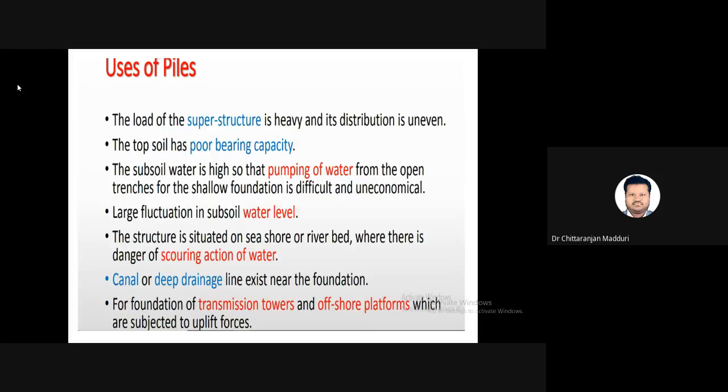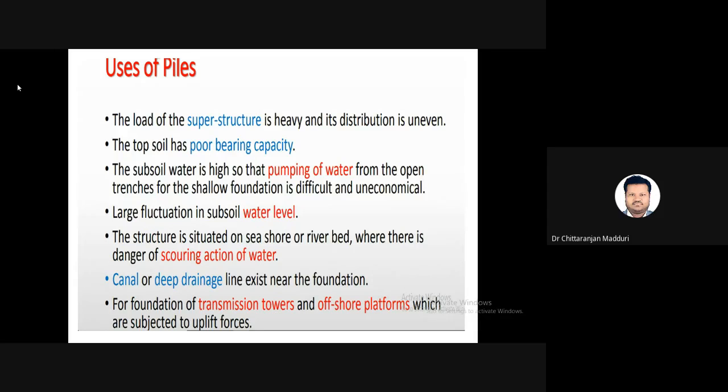So where do we need to go for pile foundations? These are the situations. The first one is when the load of the superstructure is heavy and its distribution is uneven. Then the second one is when the topsoil has poor bearing capacity and cannot take the loads, so we need to go for pile foundations.